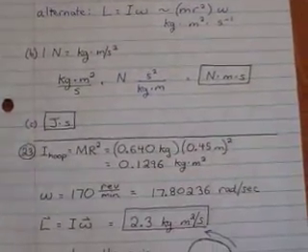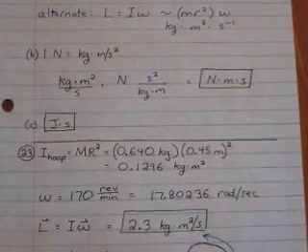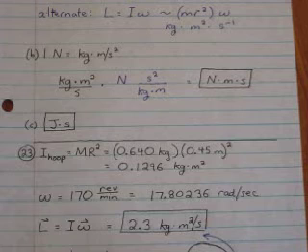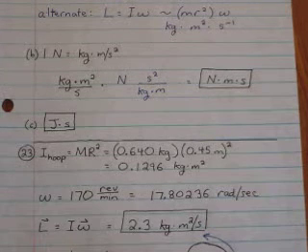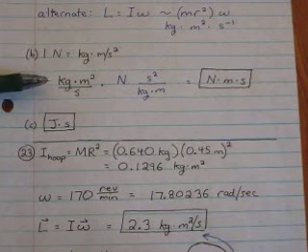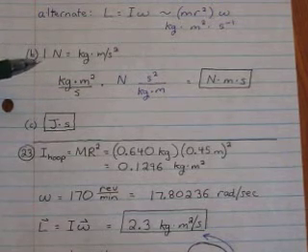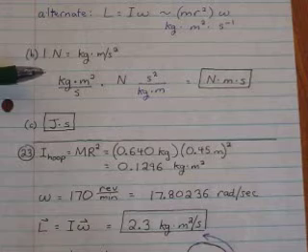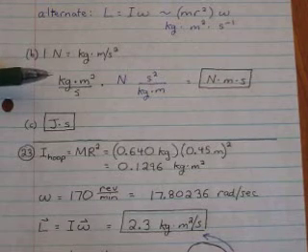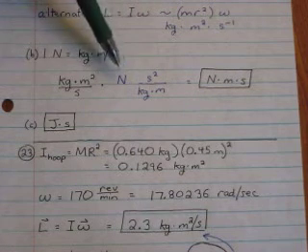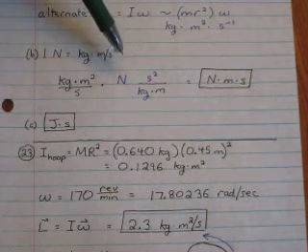Part B asks us to put it in terms of newtons. So here's one way to do that. We start with kilograms meters squared per second. And we are asked to involve newtons, so let's multiply this by 1. And it's a special form of 1. What I've done in blue here is equal to 1.